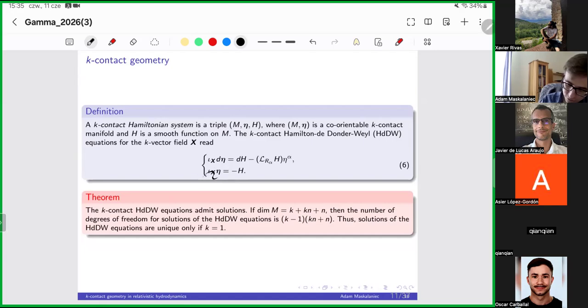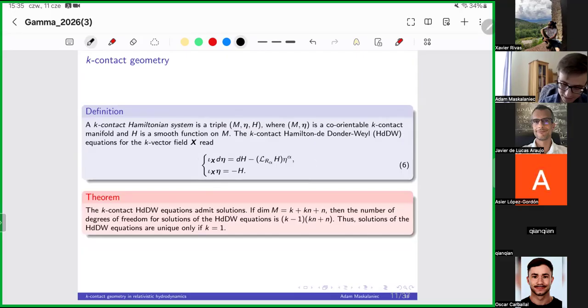The k-contact Hamilton-de Donder-Weyl equations are written here, and they are an extension of contact Hamiltonian equations. So in particular, for k equal 1, we simply obtain the contact Hamiltonian equations.